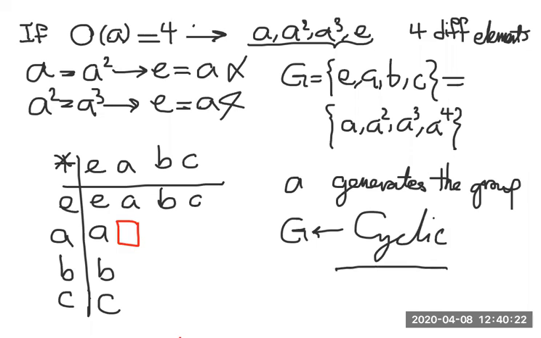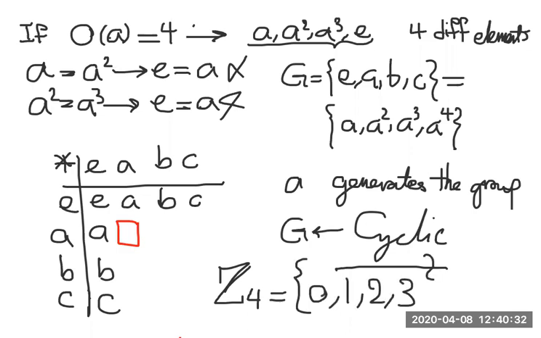And we already know what that group with 4 elements is. It's Z4, which is 0, 1, 2, 3. Which element in Z4 is the generator?